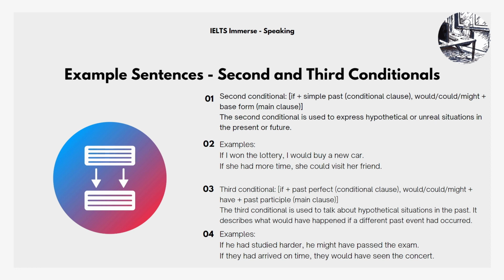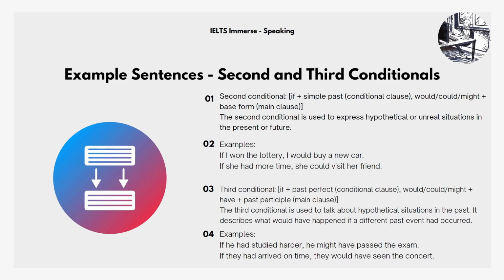The second conditional is used to express hypothetical or unreal situations in the present or in the future. And the third conditional is used to talk about hypothetical situations in the past. It describes what would have happened if a different past event had occurred. Look at the examples, look at the grammar construct of those examples.